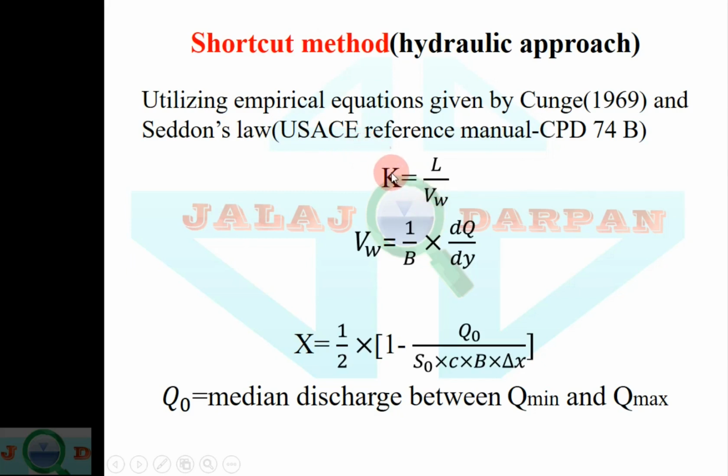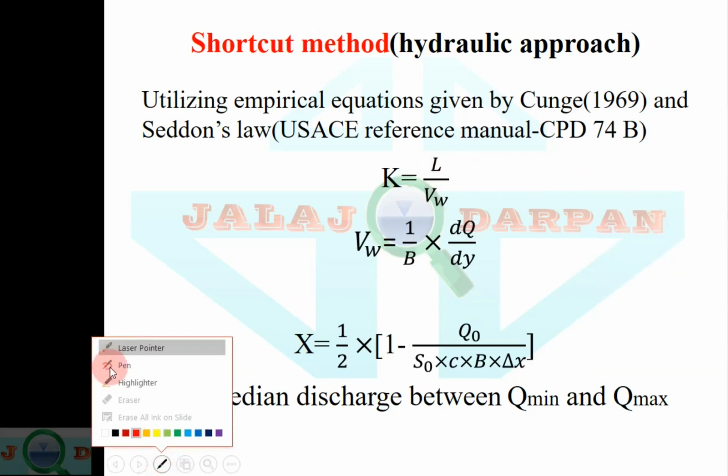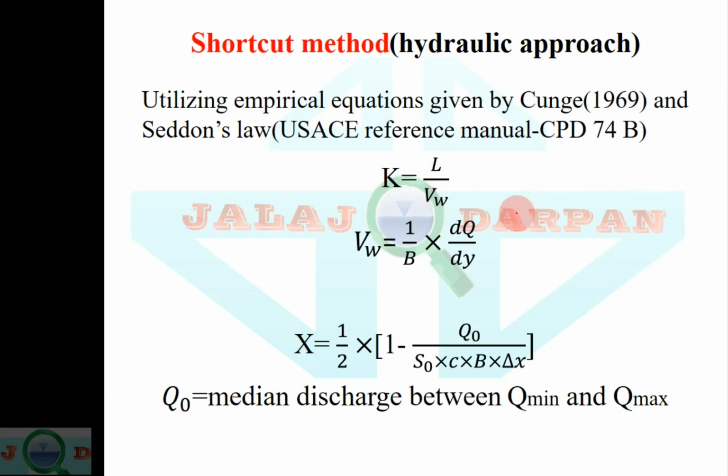The Muskingum parameter K is given by the empirical equation L divided by VW, where L is the length of the reach and VW is the flood wave velocity.